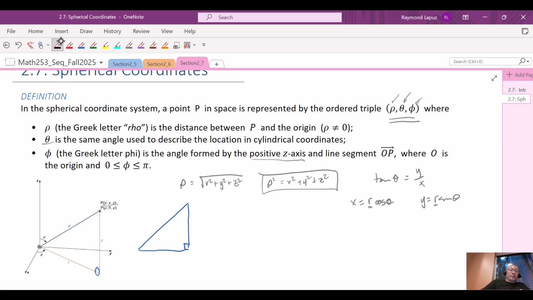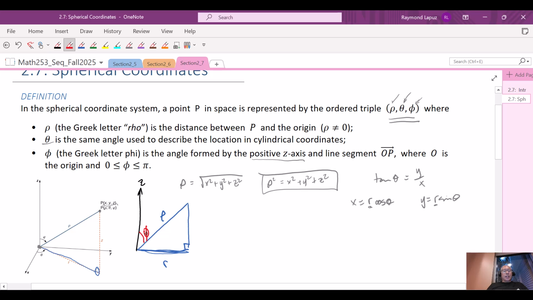Theta is down here, but according to the cylindrical coordinates, this distance here is the base of that triangle, and that happens to be r. And this is rho. The tricky part here is that phi is the angle from the positive z-axis. So this is phi over here.